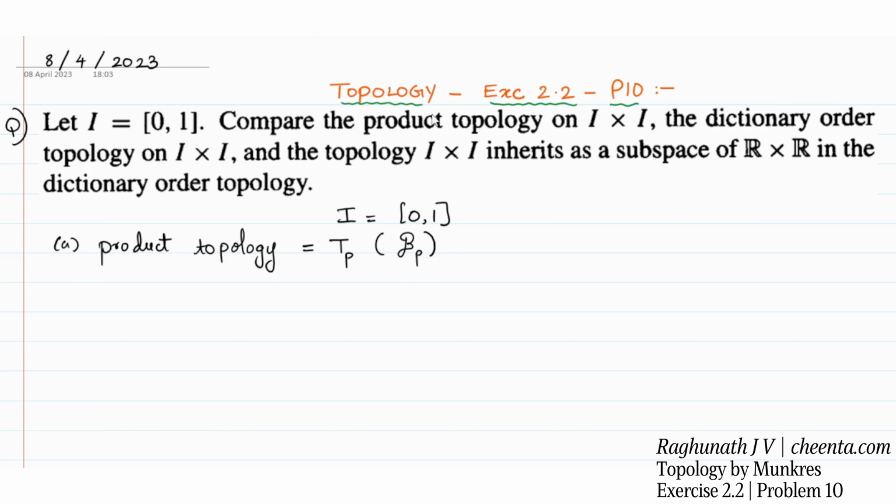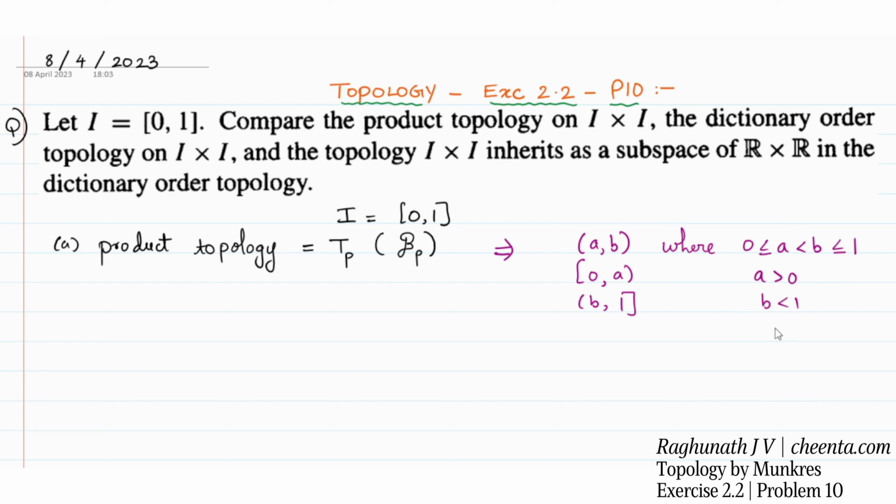So the basis is the collection of all open intervals (A, B) where 0 is less than or equal to A is less than B, which is less than or equal to 1, and closed 0 to open A where again A is greater than 0, and open B to closed 1 where B is less than 1.